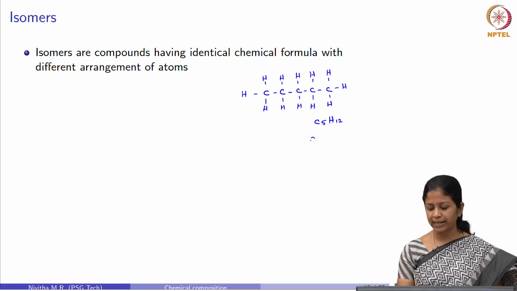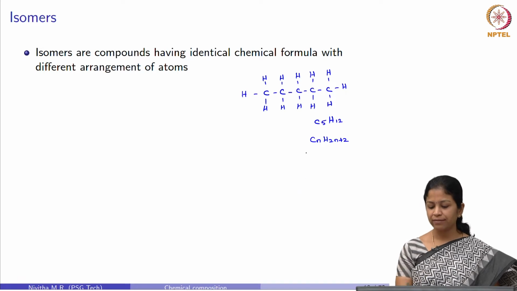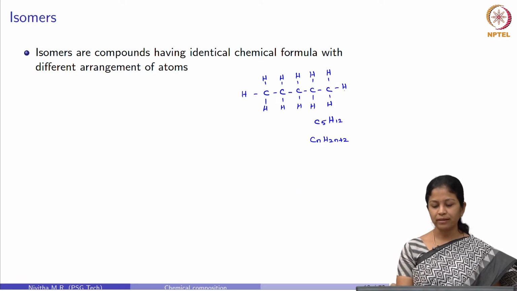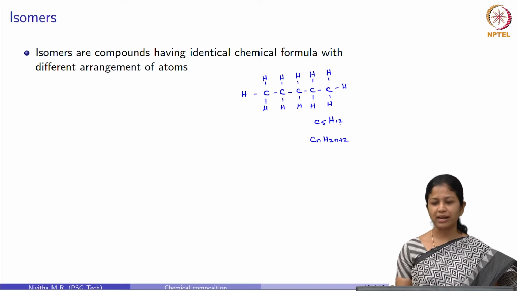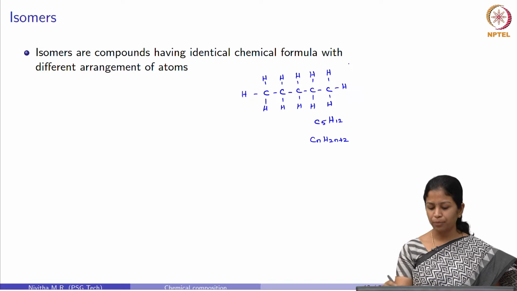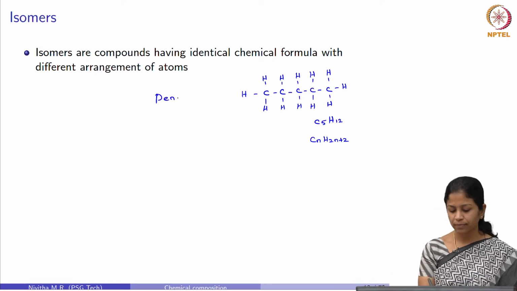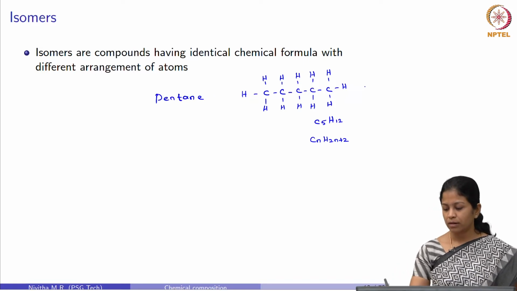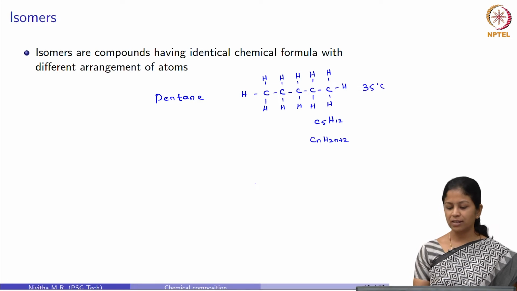The formula of pentane is CnH2n+2. So, we have 5 carbon atoms and 12 hydrogen atoms. So, this forms pentane. Like I already told you, the boiling point of pentane is 35 degrees Celsius.